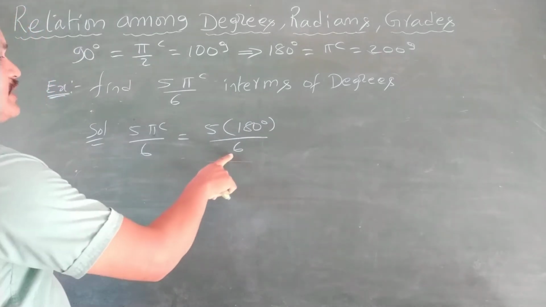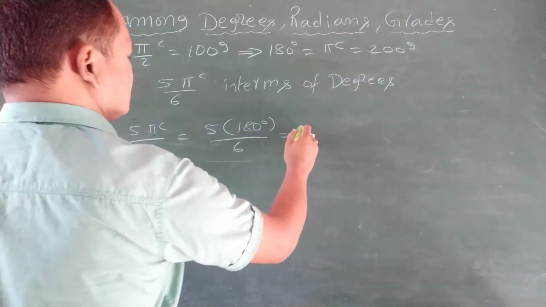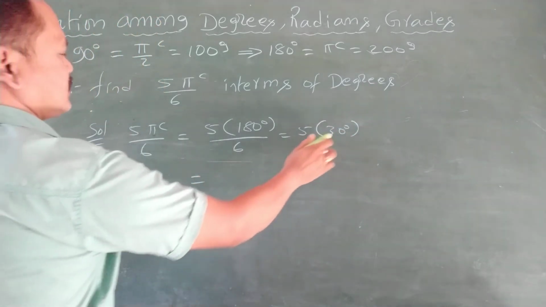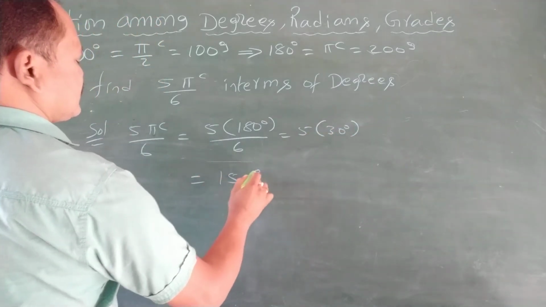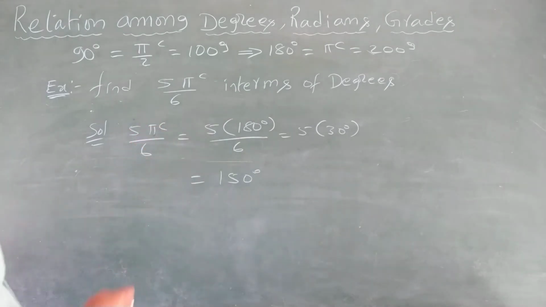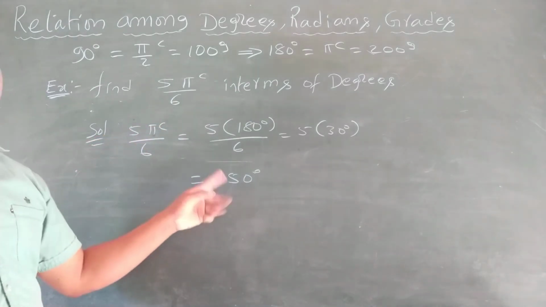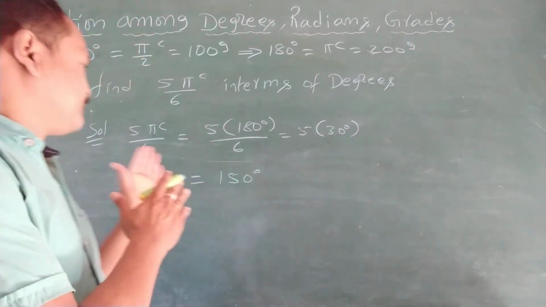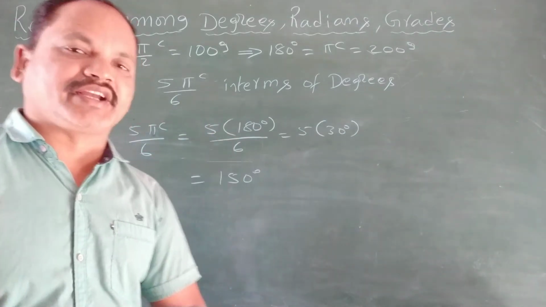That's why 6 30s cancel. So 5 into 30 degrees, 150 degrees. That's why 5 pi by 6 radians is equal to 150 degrees. This is the process for converting radians into degrees.